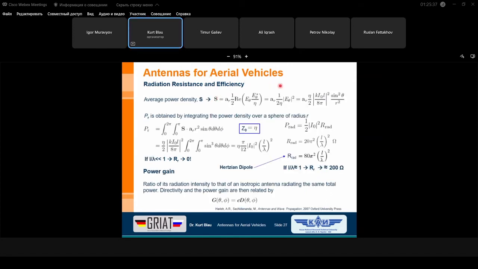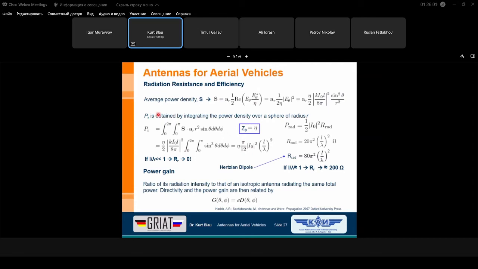What is now the radiation resistance and efficiency? Okay, efficiency we have explained. The radiation resistance itself, let me explain it, based on the formulas we have developed with the Hertzian dipole.